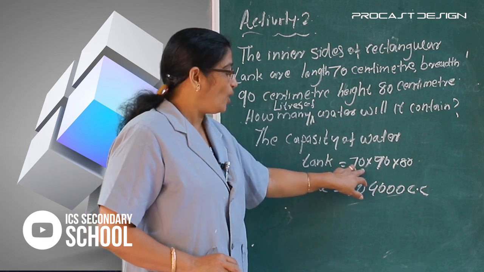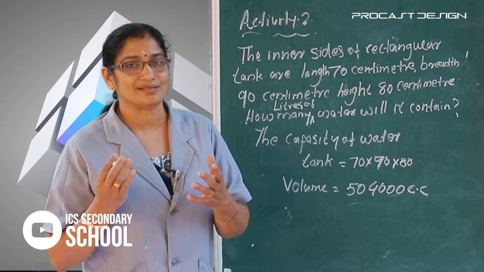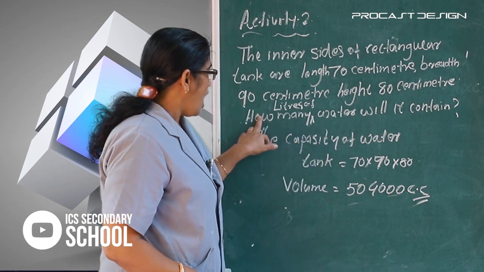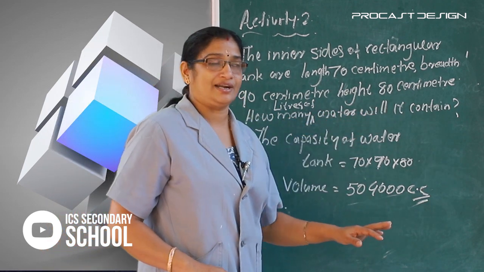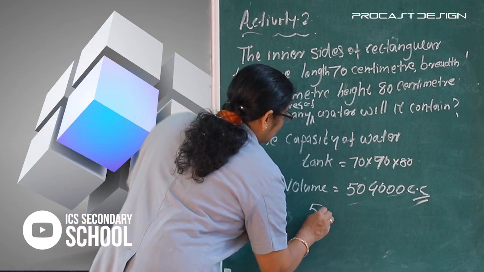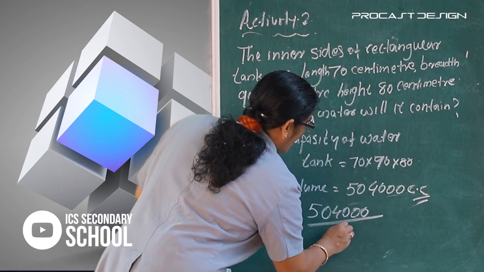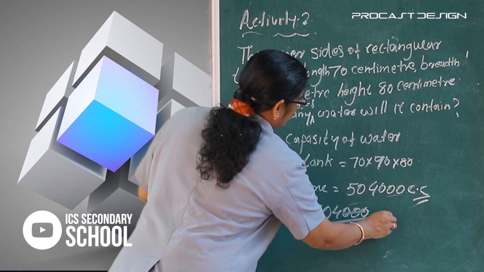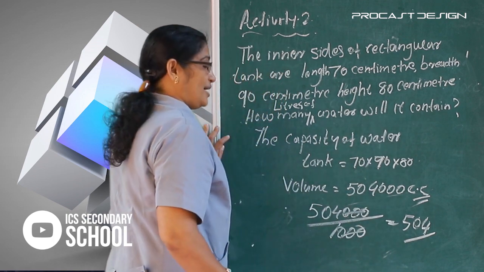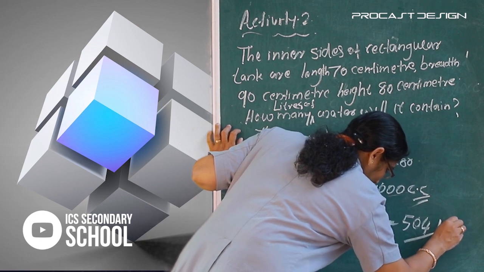70 into 90 into 80 is 5,04,000 cubic centimeter. And how many liters of water will it contain? 5,04,000 divided by 1000 is 504 liter.